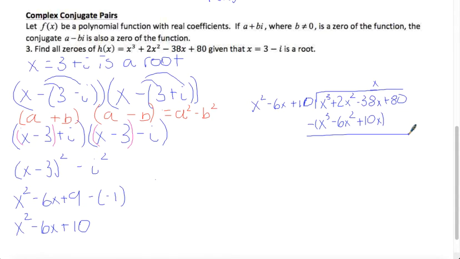So subtracting gives us 0. 2x squared minus negative 6x squared gives us 8x squared. Negative 38x minus 10x gives us minus 48x. And then we drop the 80 down.